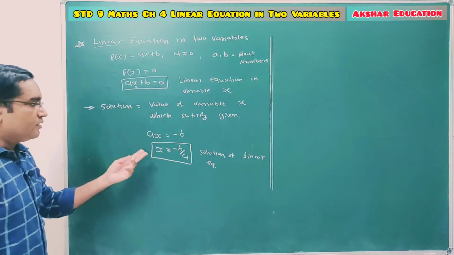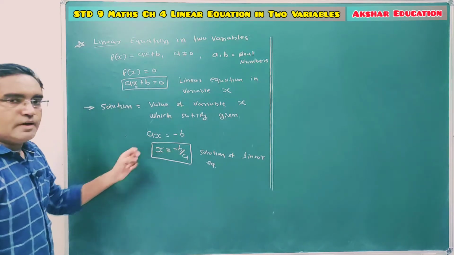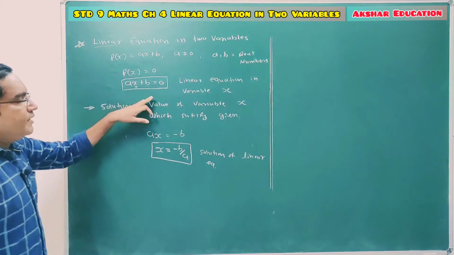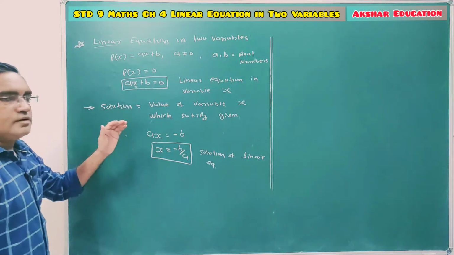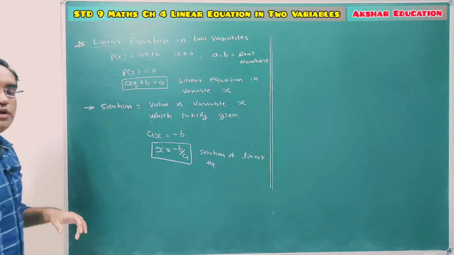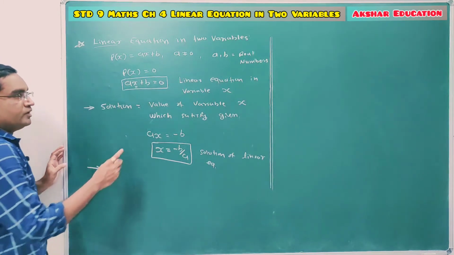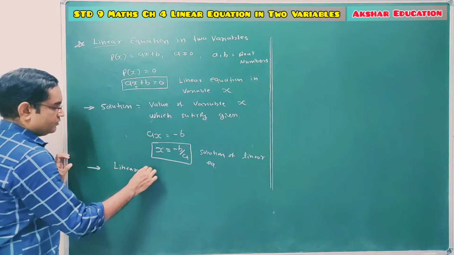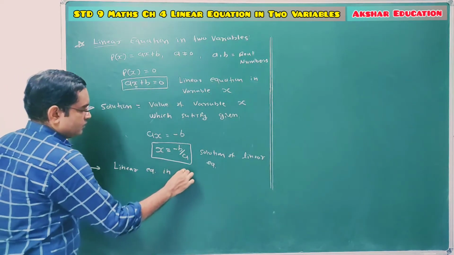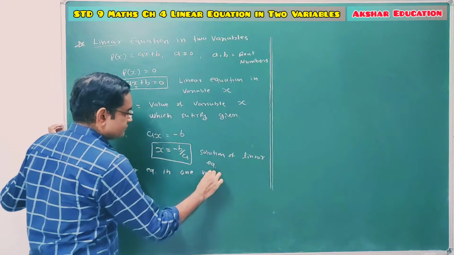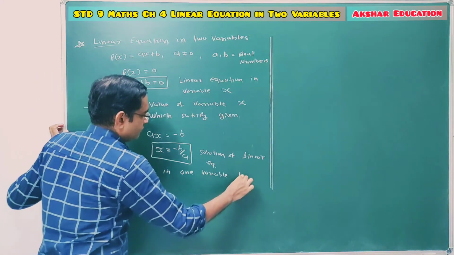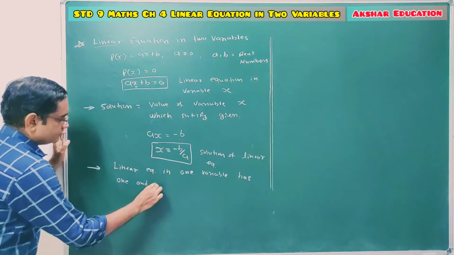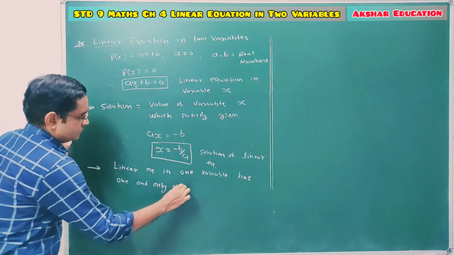So can we get any other value apart from this minus b by a for this linear equation? No. So for any linear equation in variable x, that means linear equation in one variable, has a unique solution. Linear equation in one variable has one and only one solution.